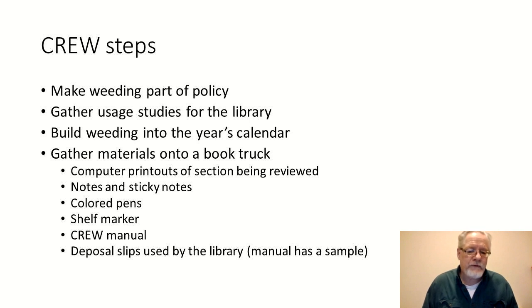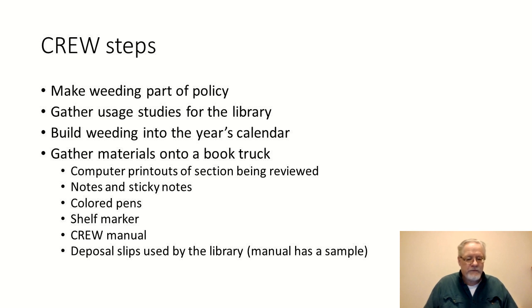Frequently what they'll do is a computer printout of things that are a certain number of years old, like 5 years. Let's just say things that checked out in the last 5 years. In other words, your printout may be everything, or it might be just the things that have checked out in a certain period of time.